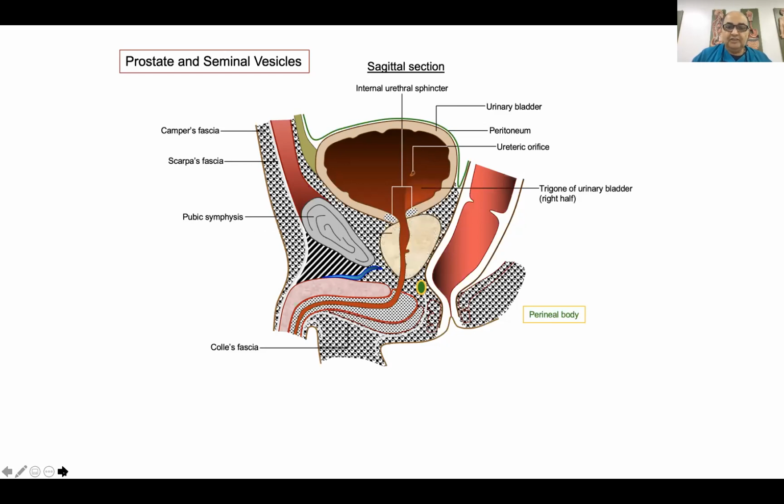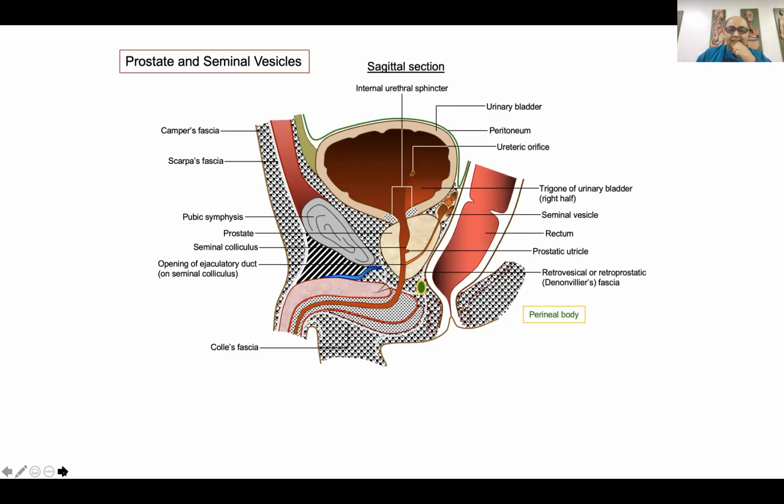We know about the prostate gland, seminal vesicle, ejaculatory duct, verumontanum, prostatic utricle, rectum. So we are good with this image. There is no rocket science here. Prostatic venous plexus, bulbourethral gland.